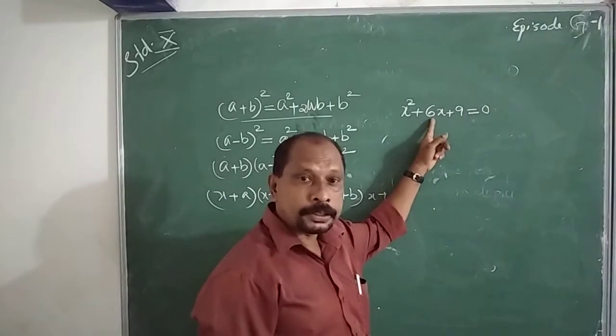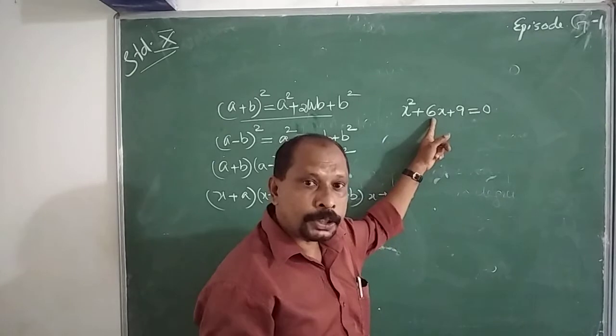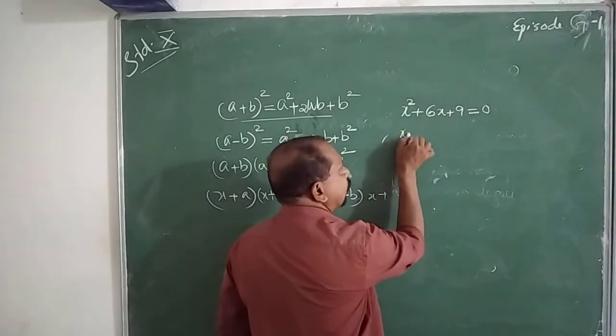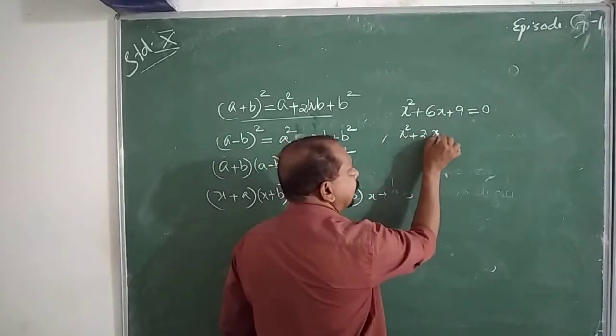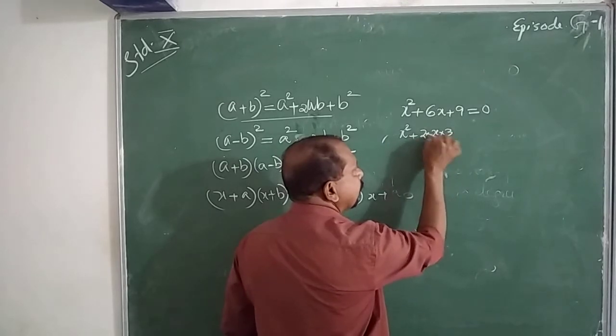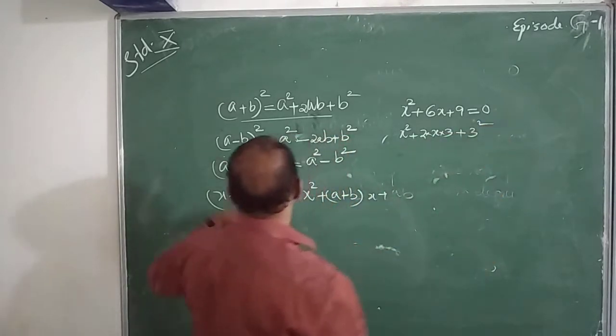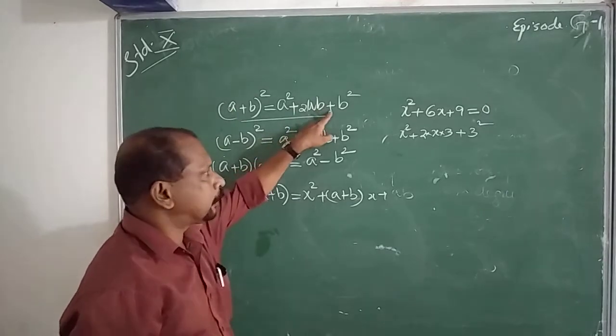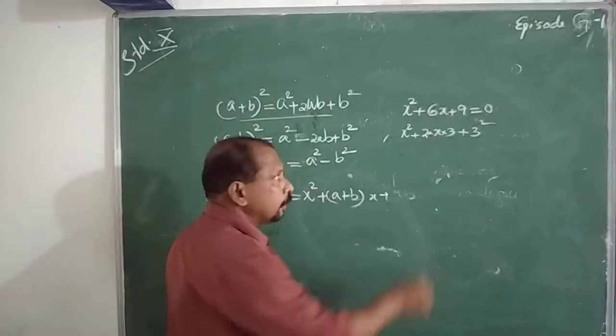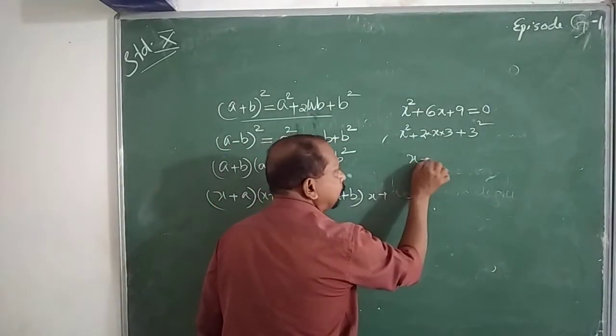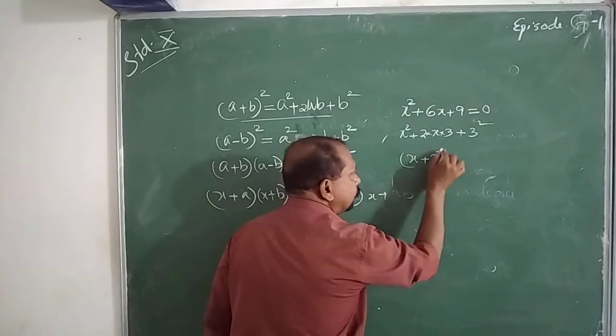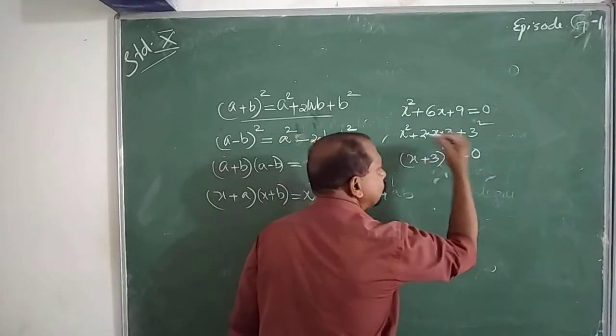And the second term is twice the product of these. So this is replaced by x square plus 2 into x into 3 plus 3 square, that is a square plus 2ab plus b square. Therefore this is x plus 3, the whole square, is equal to 0.